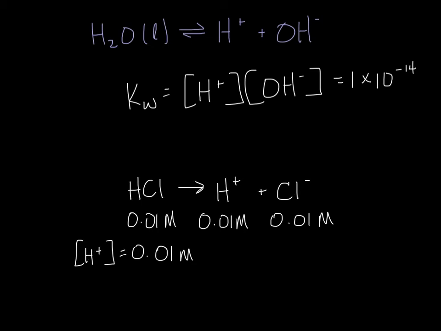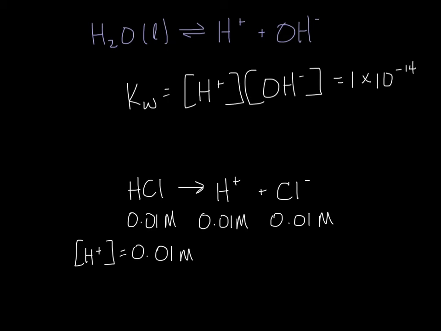But they also want to know what the OH concentration is. Well, we know from our Kw, our water constant, that 1 times 10 to the negative 14 is equal to H plus, our hydrogen ion concentration, times our hydroxide ion concentration. Since now we have our hydrogen ion concentration, we can use our Kw formula to find the concentration of our hydroxide ions.